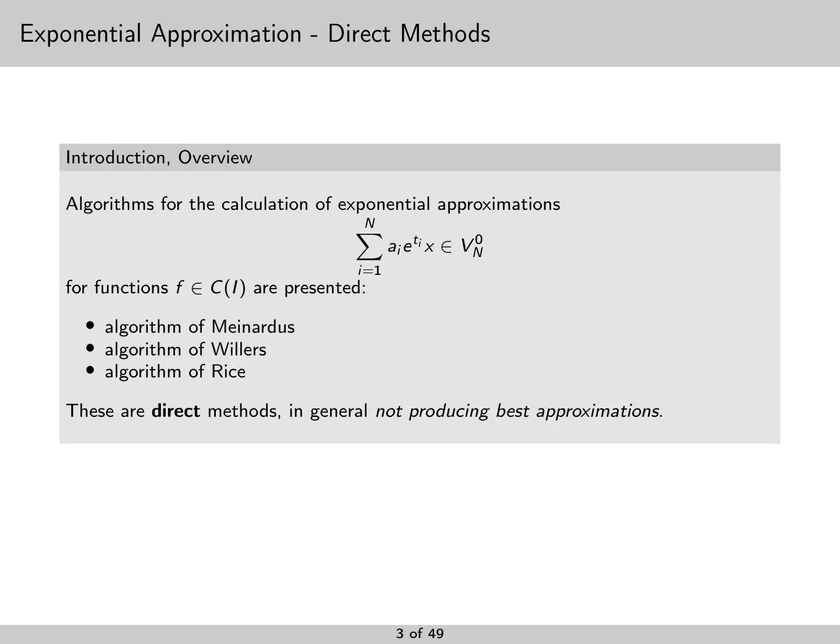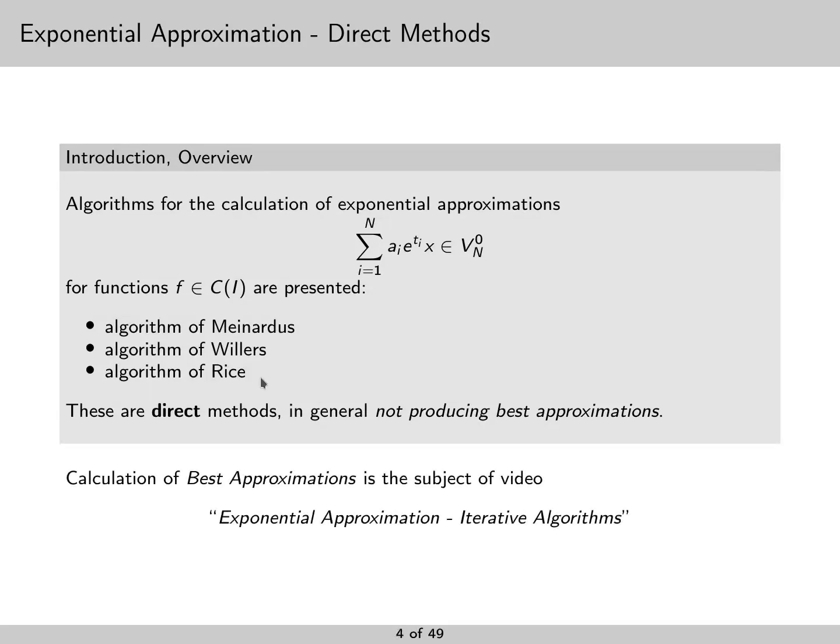They try to solve an interpolation problem in order to calculate the coefficients of an exponential sum, which is to approximate a given function f. In general, they do not deliver best approximations. Numerical methods for the calculation of best approximations are the subject of the video Iterative Algorithms.